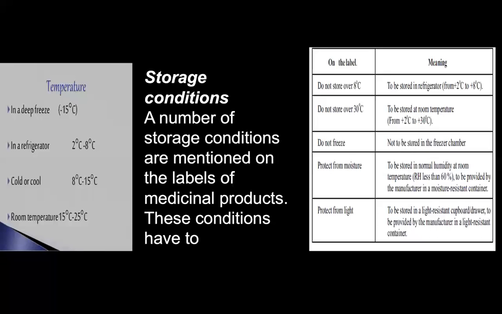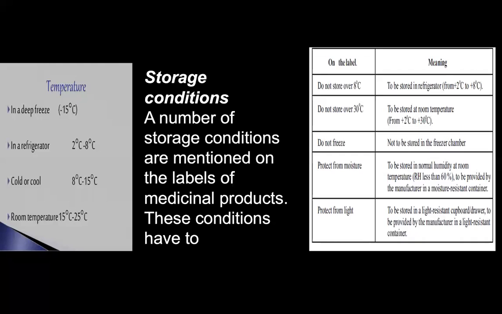If it is written do not store over 30 degrees, it means to be stored at room temperature, from 2 to 30 degrees Celsius. If do not freeze, it is not to be stored in the freezer chamber.